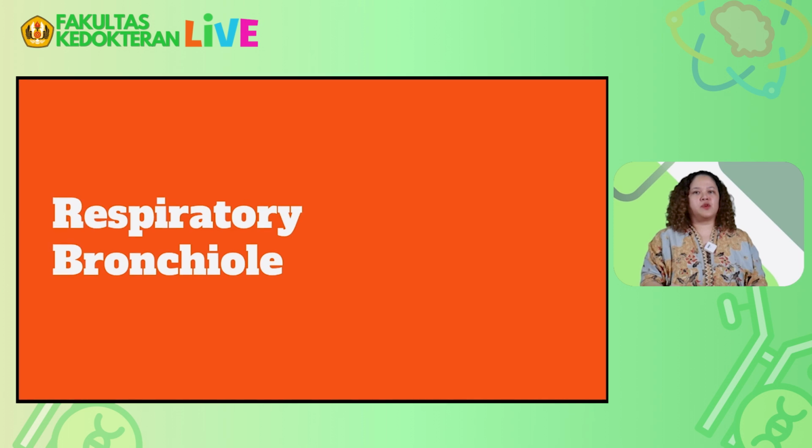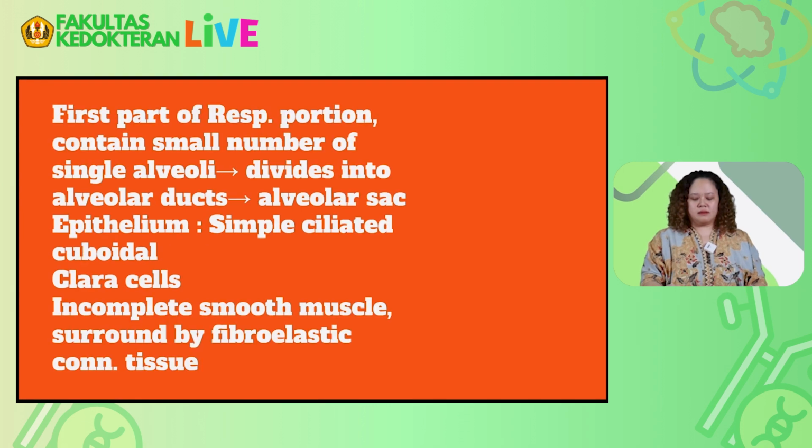Then after the terminal bronchiole, we go to the respiratory bronchiole. This is actually the first part of the respiratory portion that contains a small number of alveoli. This continues as the alveolar duct, and after that the alveolar sac.